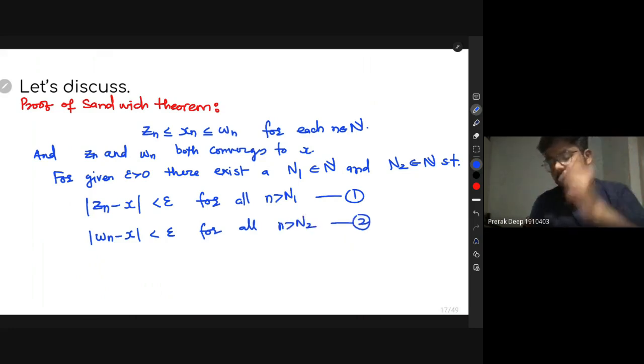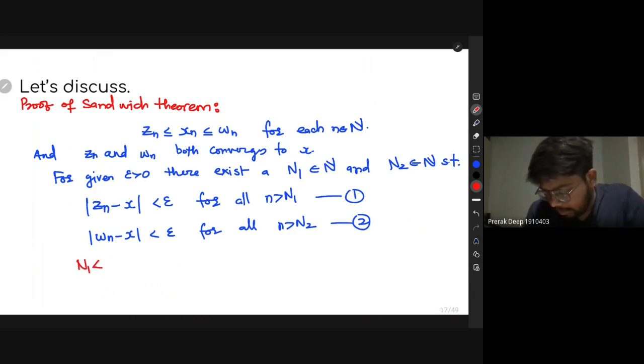Now either n1 will be greater than n2 or otherwise, so we define n to be the maximum of n1 and n2.